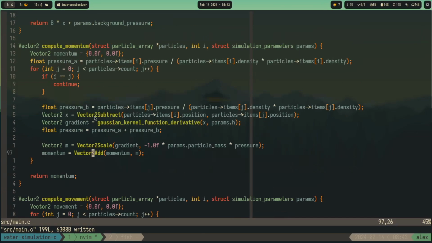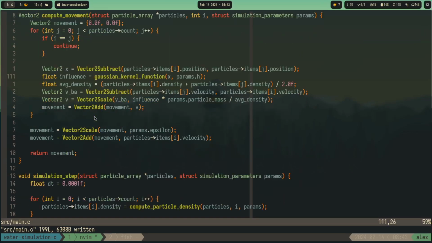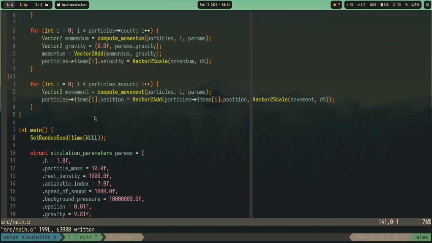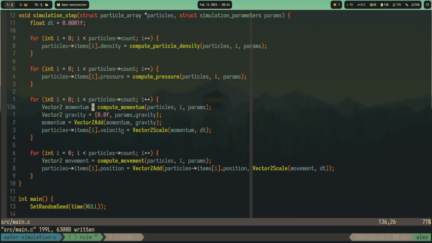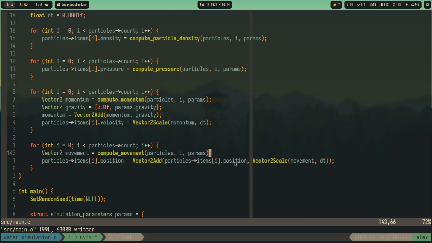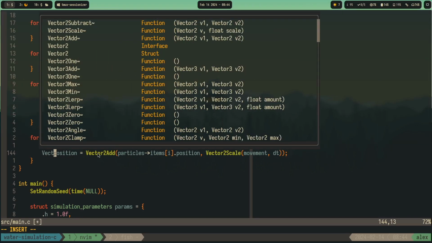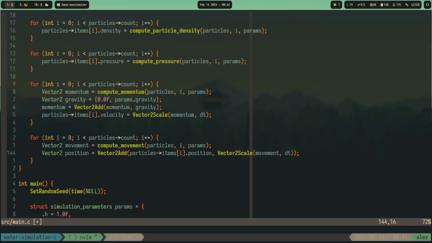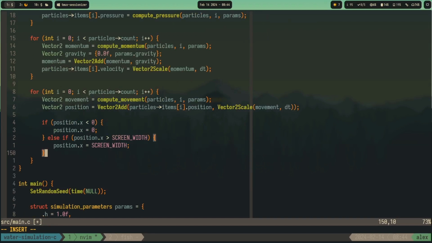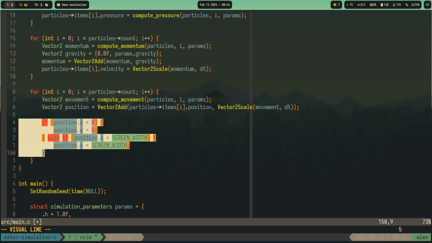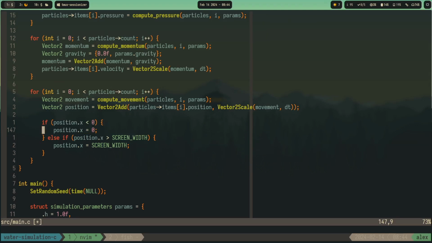Anyway, let's try some more stuff. Let's also do collisions with the walls. So here we have the movement. Let's say the vector to position is this one, and if position is less than 0, we set it to 0.